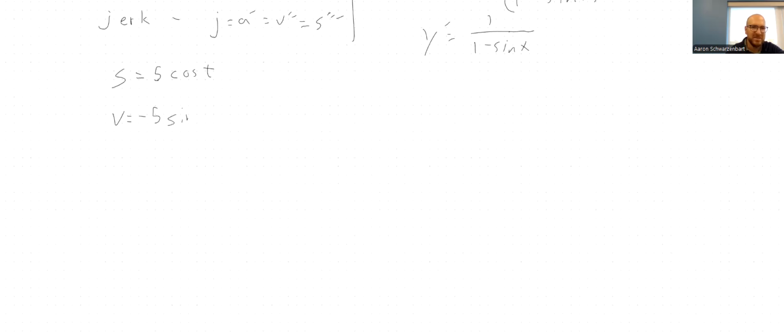That's not too bad, is it? What's the acceleration? It's the derivative of sine. Well, what's the derivative of sine? Cosine. So it's just negative cosine. So now I just put the negative with the 5. That's not too bad, is it?